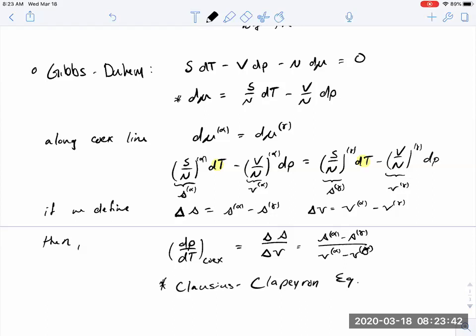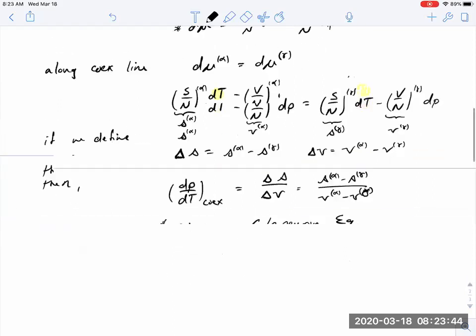So let's see how this actually works in practice. Let's think about some examples. Let's go back to boiling. So for boiling, what is delta S? Is it positive or is it negative?